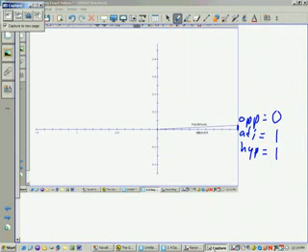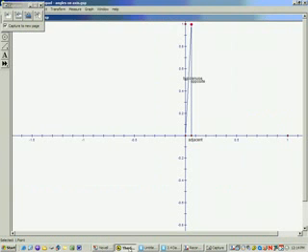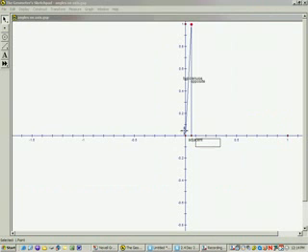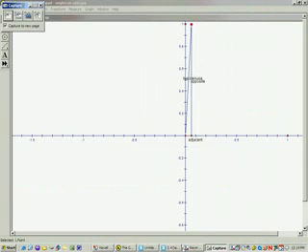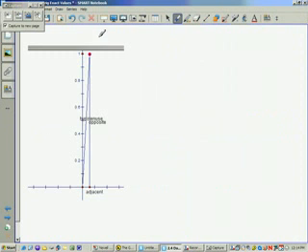So if I capture that, if we just look at this part, at 90 degrees, the opposite side is going to get closer and closer to 1. The adjacent side is going to get closer and closer to 0. And the hypotenuse will stay at 1.